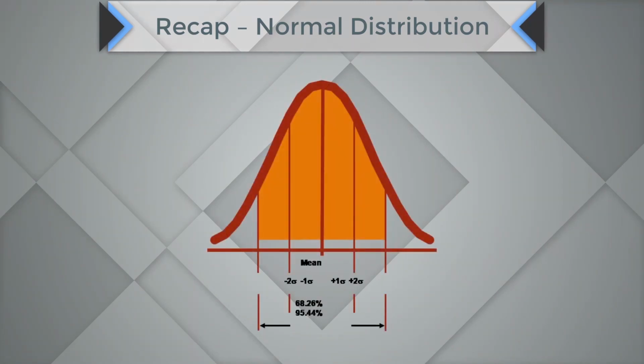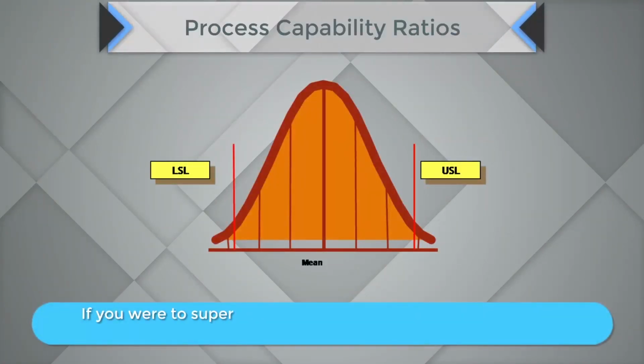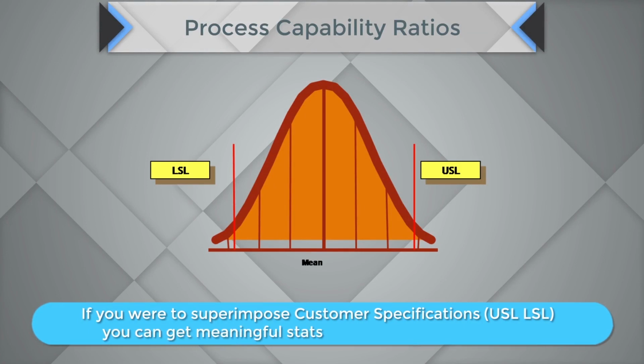If I were to add two standard deviations and subtract two standard deviations, it would roughly cover 95.44%, while plus minus 3 standard deviations will constitute 99.74% of the data. If you were to superimpose the customer specification, the upper specification limit, the lower specification limit, or either, you can get meaningful statistics about process performance.